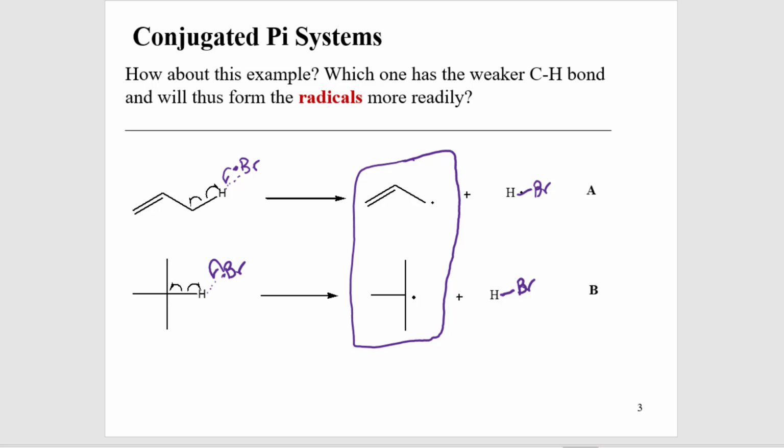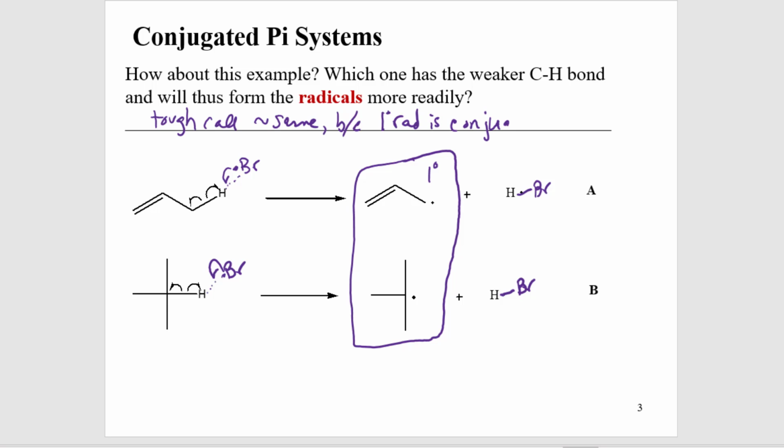And this is a tough case. I would say that these are pretty much the same. This is a tough call. About the same. Why? Because although the top case, A, is primary, it has resonance. The primary radical is conjugated.